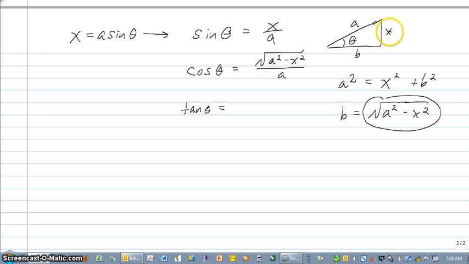The tangent would be x over b, but again I know this is equivalent to b, so x over square root of a squared minus x squared. And another way I could have gotten the tangent is to take the sine of theta and divide it by the cosine of theta. Either way, you should get the same thing, and I think that completes this problem.